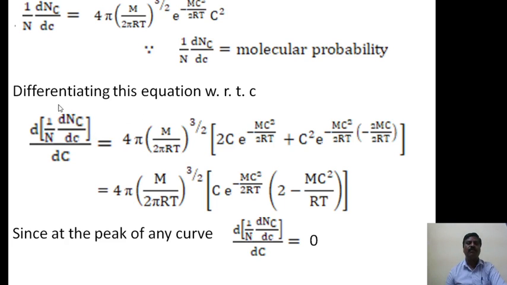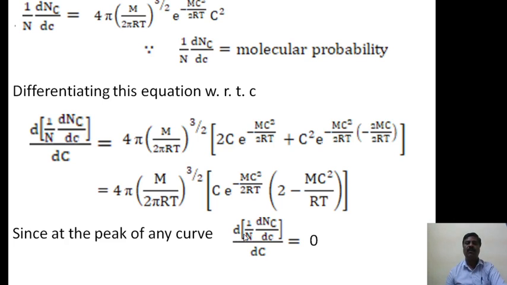Therefore the change in the probable velocity is taken as 0 at the peak level. The peak, the hip or tip of the curve, is taken as 0. Therefore in this equation, this term becomes 0.